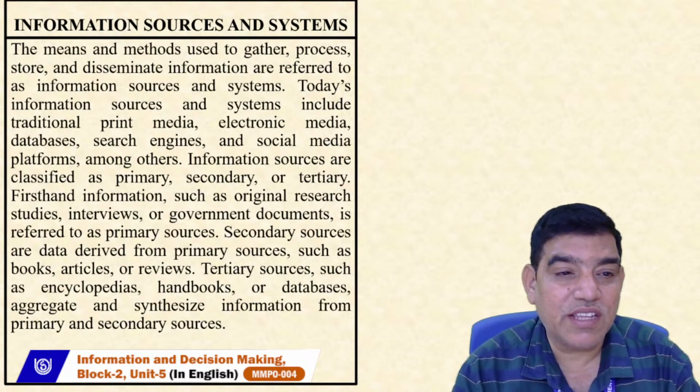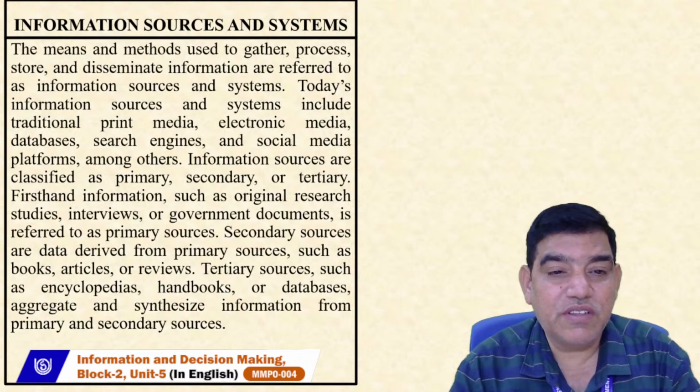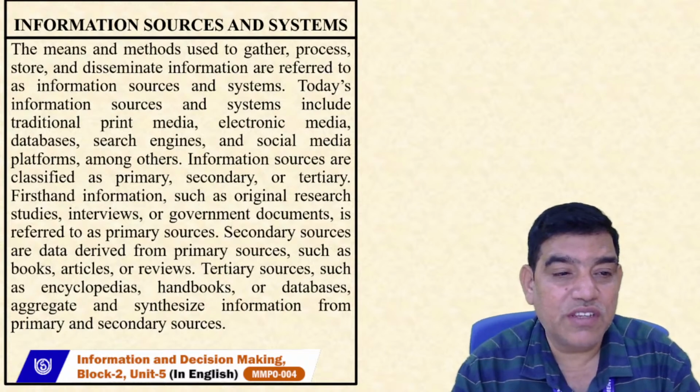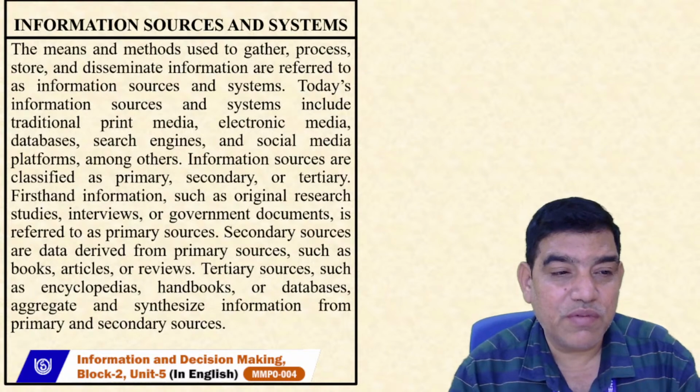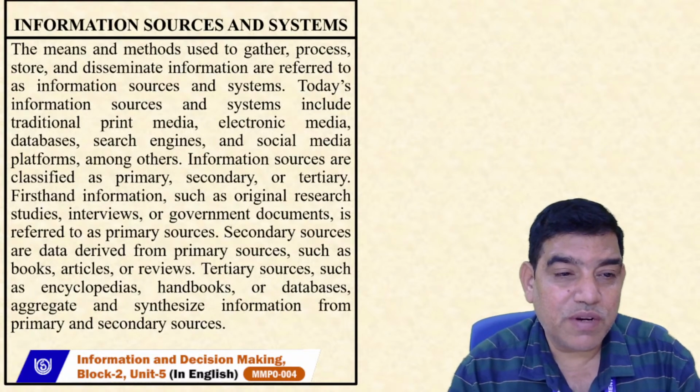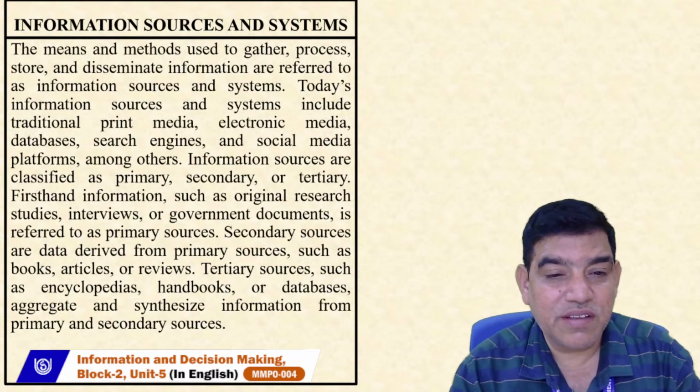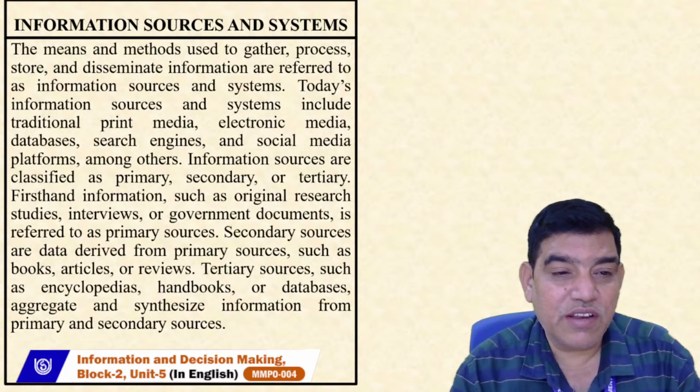Information sources are classified as primary, secondary, and tertiary. First-hand information such as original research studies, interviews, or government documents is referred to as a primary source. Primary source means we go for an interview, meet the person, and use a questionnaire to collect the data.